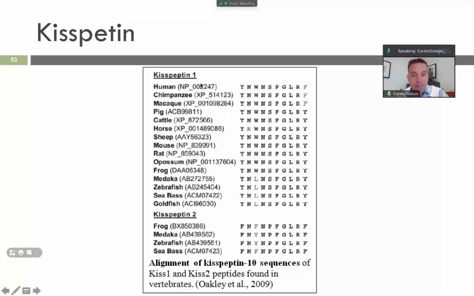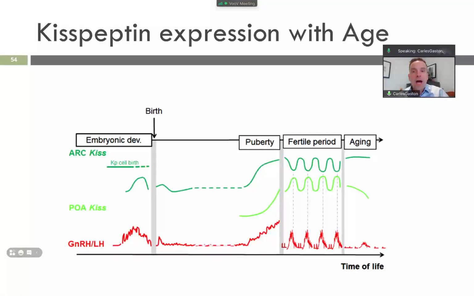There is kisspeptin 1 and kisspeptin 2, and kisspeptin 2 is also highly conserved through evolution. So again, like GnRH, kisspeptin and others has a fluctuation, right? There is an increase of kisspeptin, which basically parallels the production of gonadotrophin releasing hormone and LH.